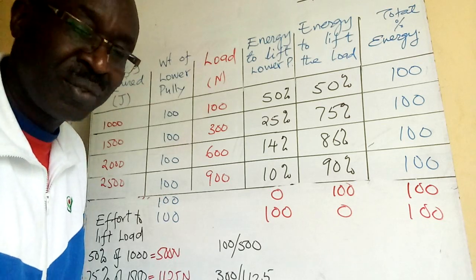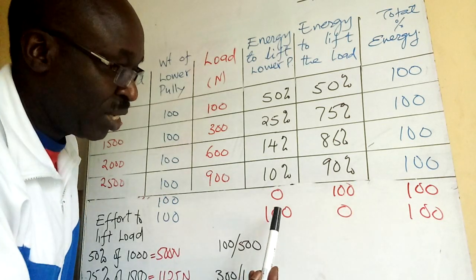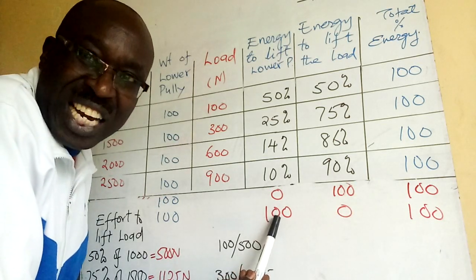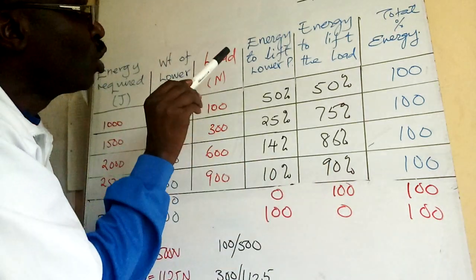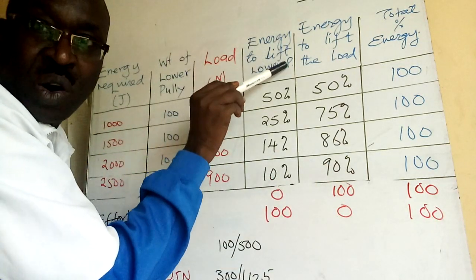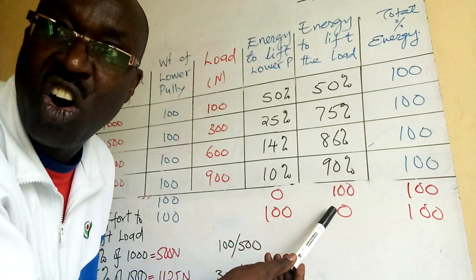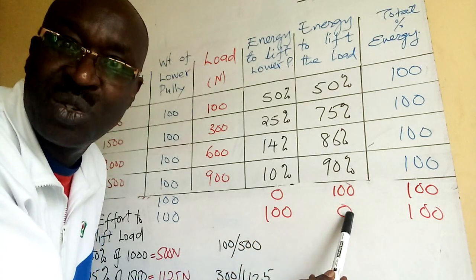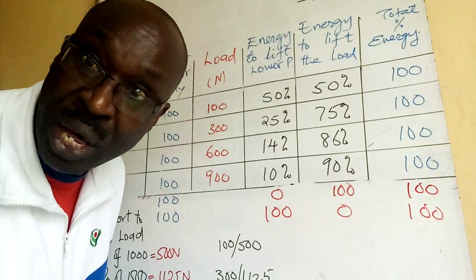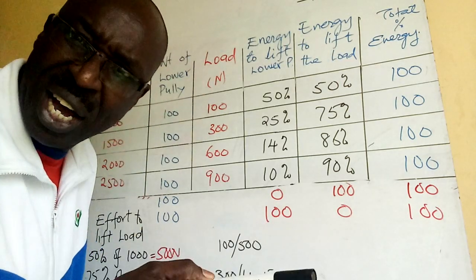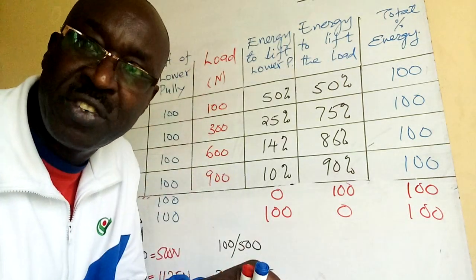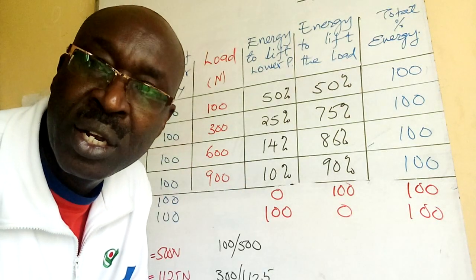Then reverse. Suppose I put 100%, all that I have, into the energy to lift the lower pulley. Nothing will remain to lift my load. Who can do that? Our aim was to lift the load.